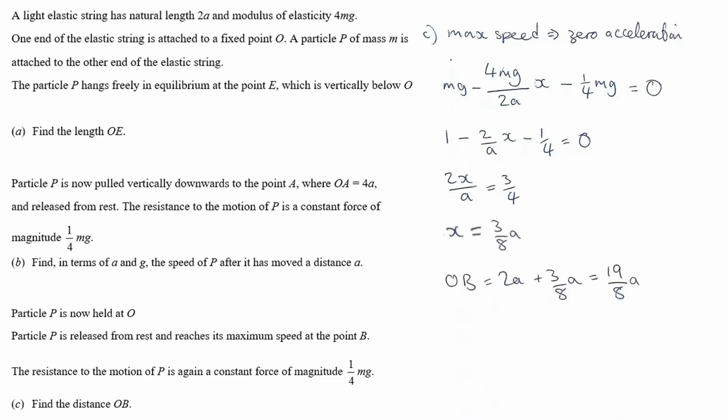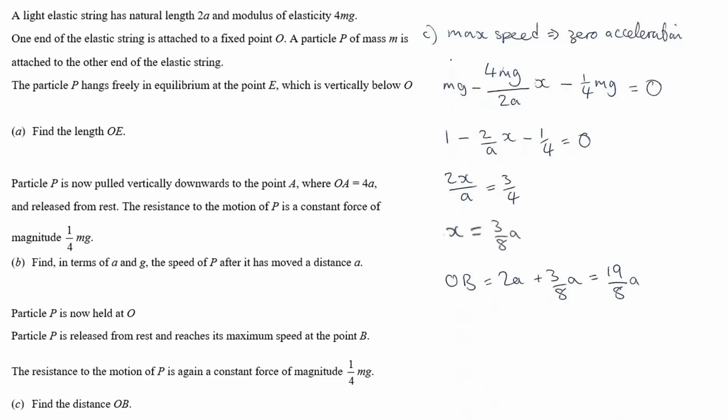Then I've said OB is equal to the 2a, which is the natural length, plus the extension where it's reached the maximum speed. The maximum speed is where there is zero acceleration.